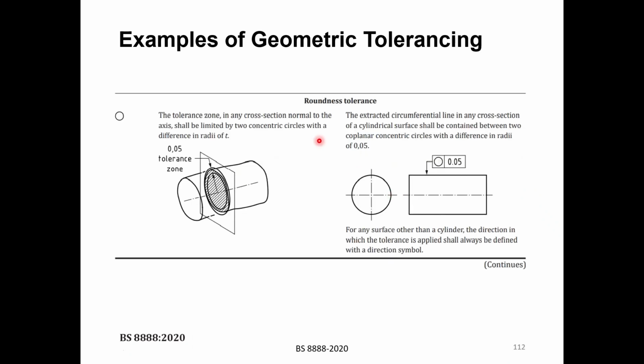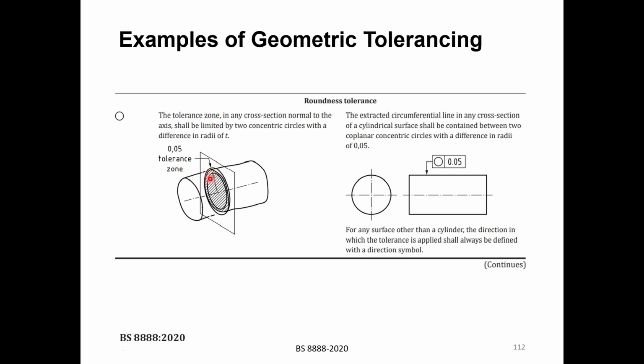So the roundness tolerance here is denoted by this circle. It says that for this cylinder, the roundness should be within 0.05. So if you just imagine that you have a cross section, you cut through the cylinder, and it says here roundness should be within 0.05. Then imagine that on this plane here, you draw two circles with a distance between them, the tolerance zone, of 0.05.